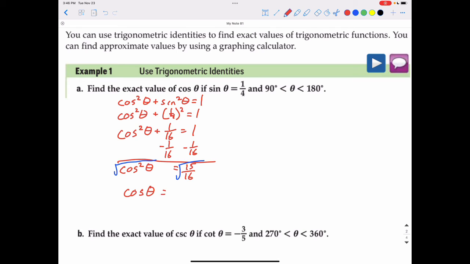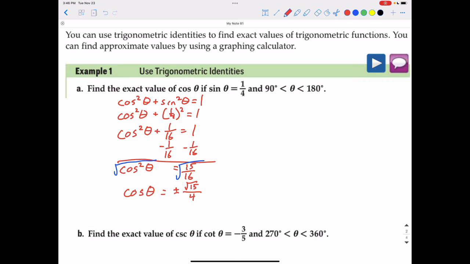The way you take a square root of a fraction is you take the square root of the top number over the square root of the bottom number. Since I took the square root of both sides of an equation, I use plus or minus. Square root of 15 over, and the square root of 16 is just 4, and that's handy, so we won't have to rationalize the denominator. So I get cosine of theta equals plus or minus square root of 15 over 4.